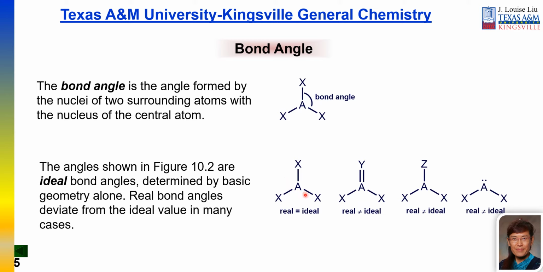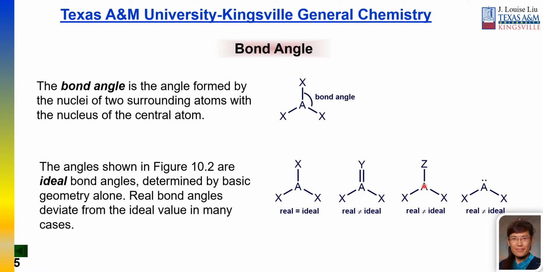If you have central element A, with 2 surrounding atoms forming single bonds and the third surrounding atom forming a double bond with A, in this case the real angle will not be the same as your ideal angle. The real angle and the ideal bond angle will be different.